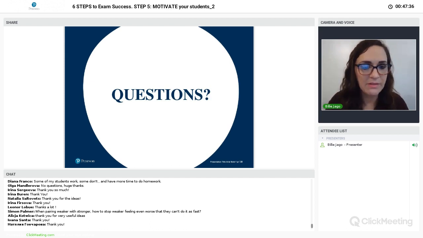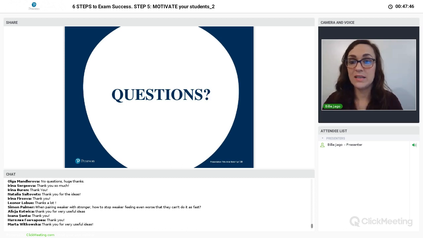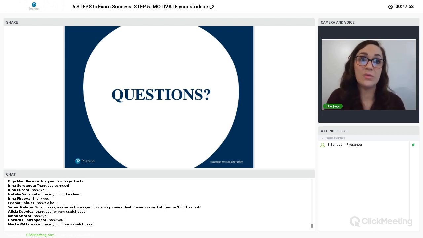Question from Simon: when pairing weaker students with stronger, how can we stop weaker students feeling even worse that they can't do it as fast? As I mentioned earlier, I think everyone's got their strengths and weaknesses. So what might appear to be a weaker student, maybe when it comes to oral English, they might really thrive in grammatical questions. I know that's the case in my class because I teach a multilingual class.